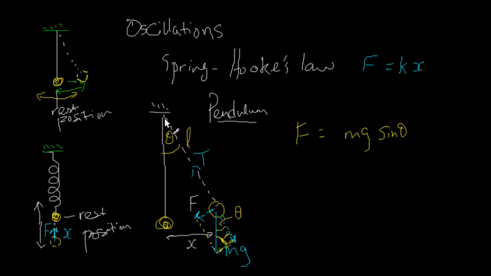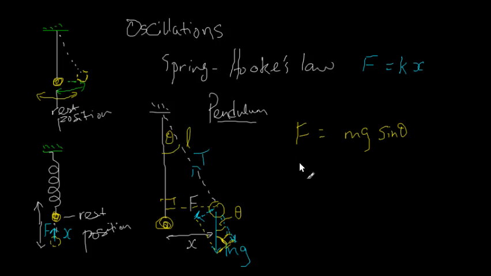So x is also this distance. I can draw the displacement x here, a horizontal line from the ball to the vertical. So that's a right angle. That is also the side of this right angled triangle, where the longest side is L.